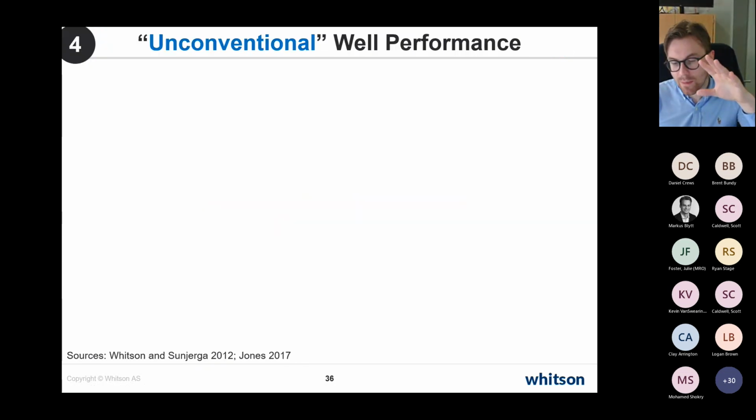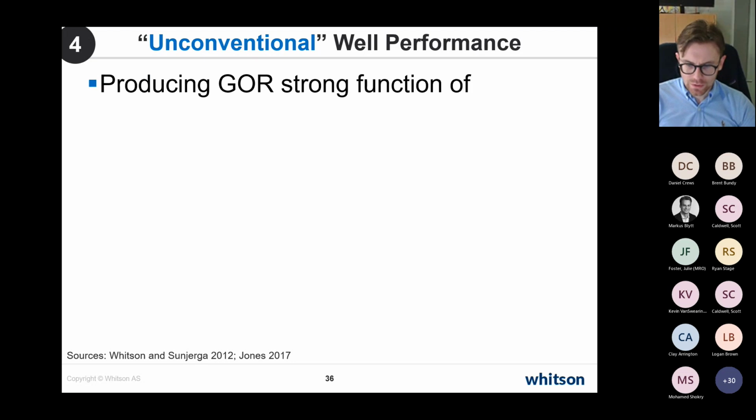And the last thing is unconventional well performance. I think this is relevant not only in the PVT space, but also from an RTA perspective, for all of you who do that, or just well performance in general. It is the producing GOR in unconventionals. Of course, as in conventional reservoirs, it's a function of the initial GOR or your composition.